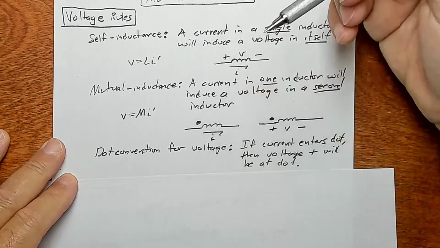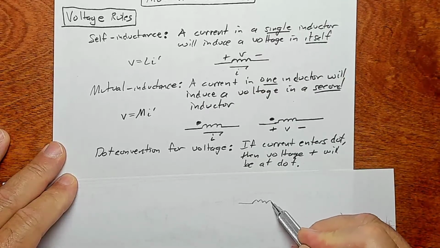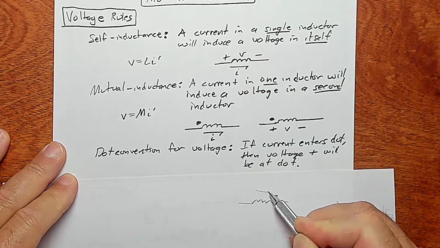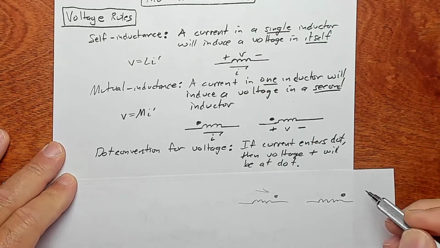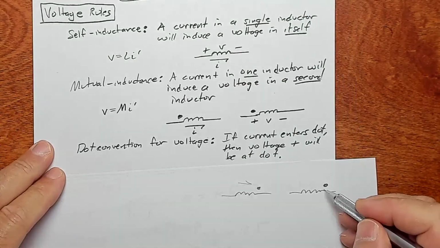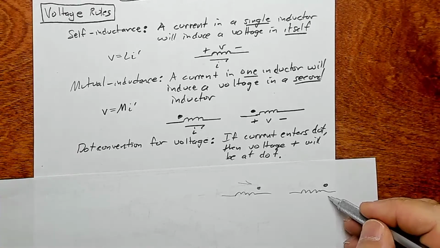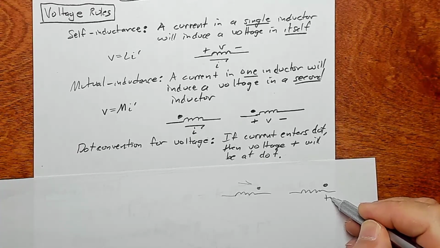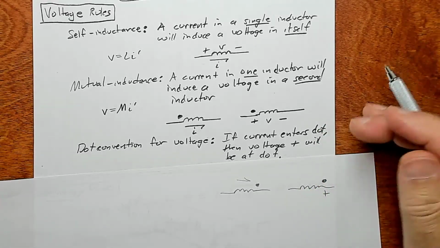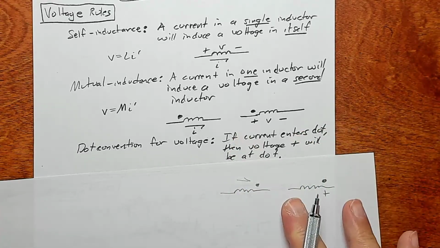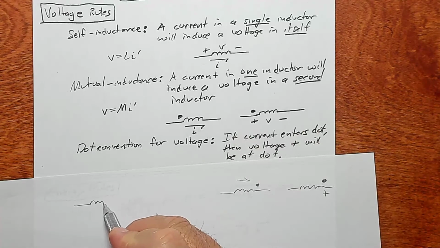There's also another case where, if the current is leaving the dot, then the voltage will be leaving the dot. So I consider these to agree, that is, they're both kind of agreeing with each other, but there are two other cases.